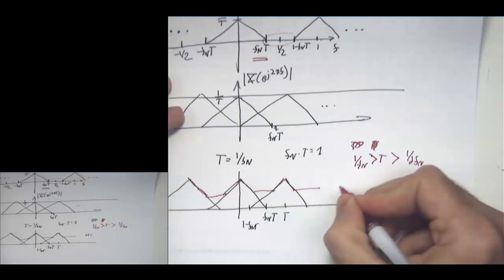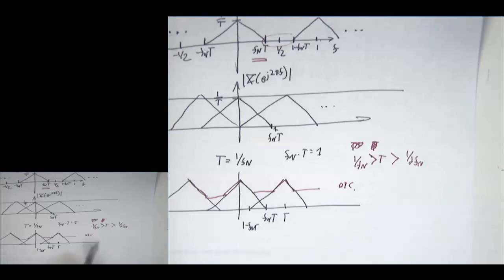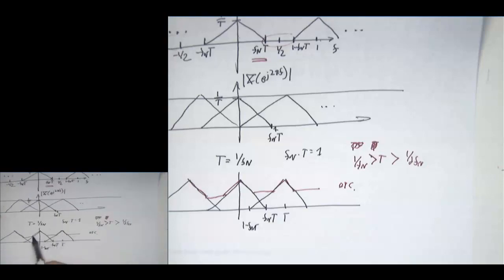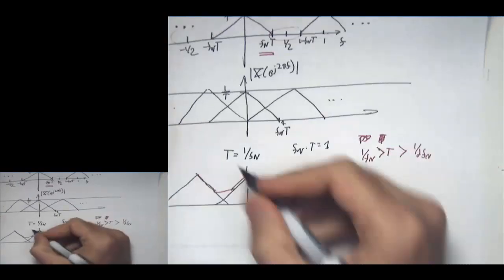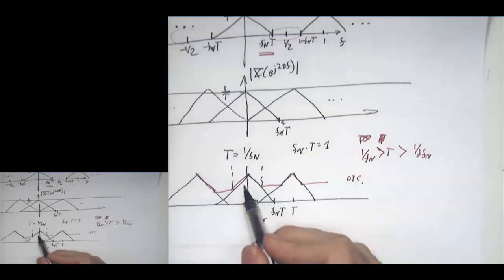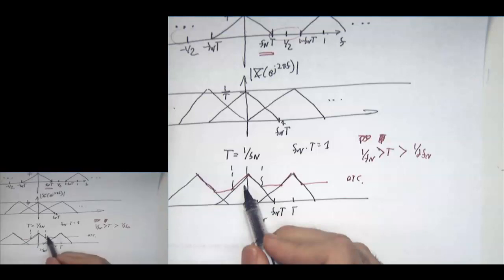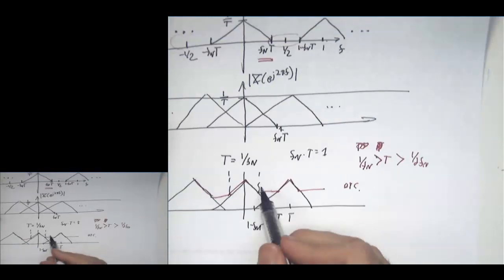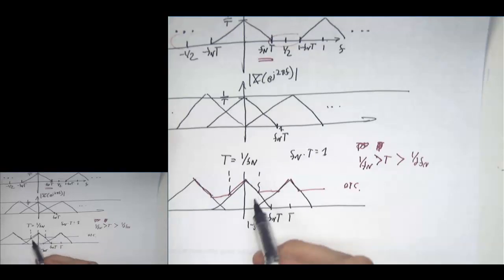etc. here. Now, the thing to note here is that you see this piece of the signal right here. This piece is actually undistorted, but there is aliasing over here. So I want to tell you that with aliasing, not everything is lost, because you can still recover some piece of your original signal, but you don't get the whole thing.